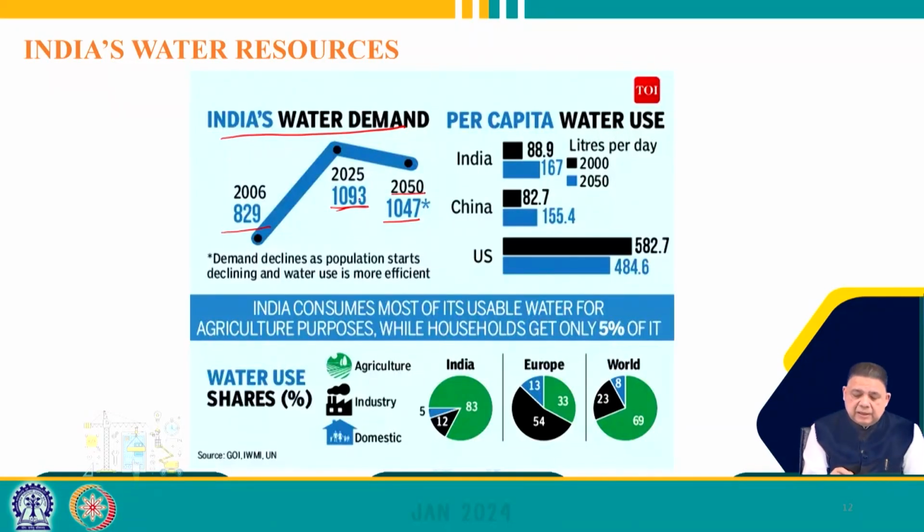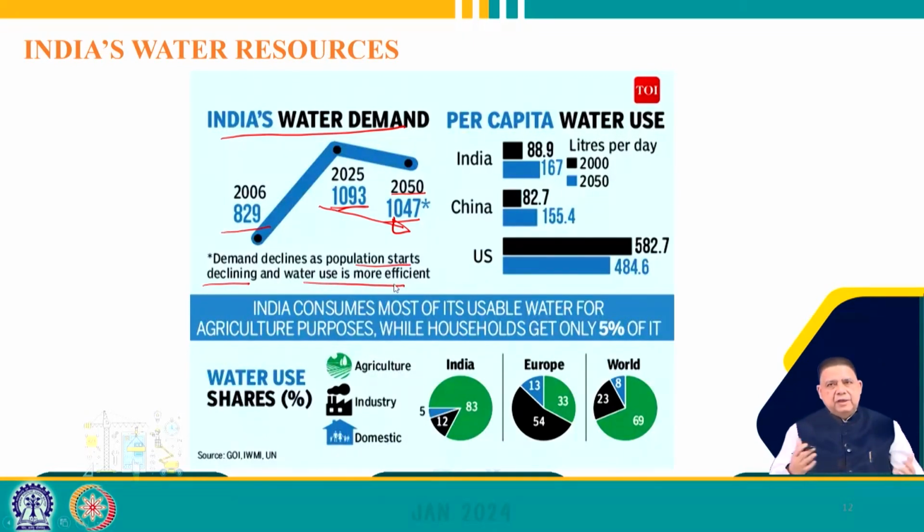So, as you see, between 2025 and 2050 there is a projected decline in water demand. That decline is because it is expected that our population will decline and get stable, and also water use will become more efficient, because every day we are getting very water efficient gadgets.